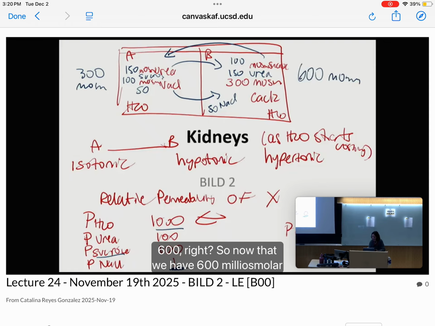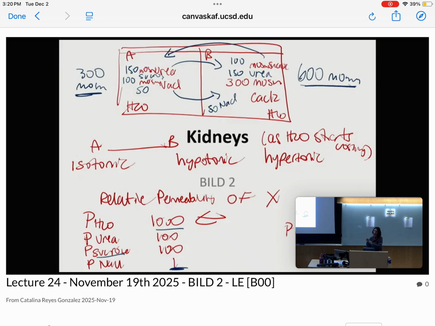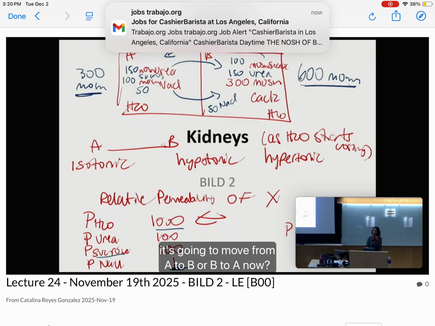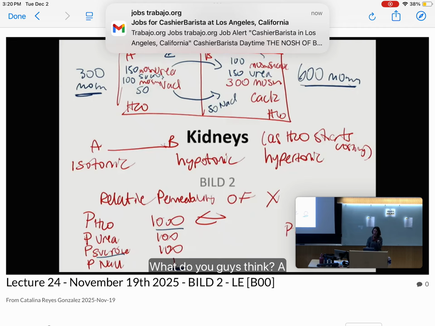So now that we have 600 milliosmolar here and 300 milliosmolar here, after some time of these osmotically active solutes crossing the membrane and the osmotically inactive solute, which is calcium chloride, not being able to move, what is going to happen to water? Is water going to move from A to B or B to A now? What do you guys think?